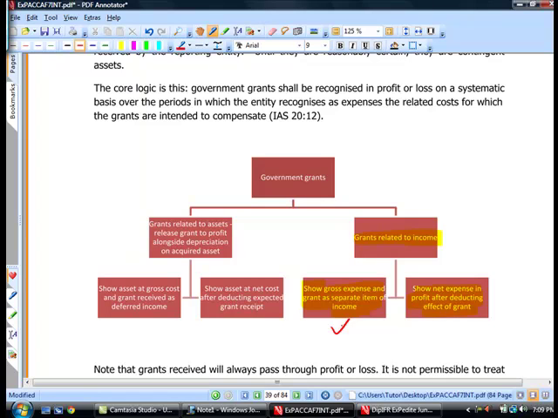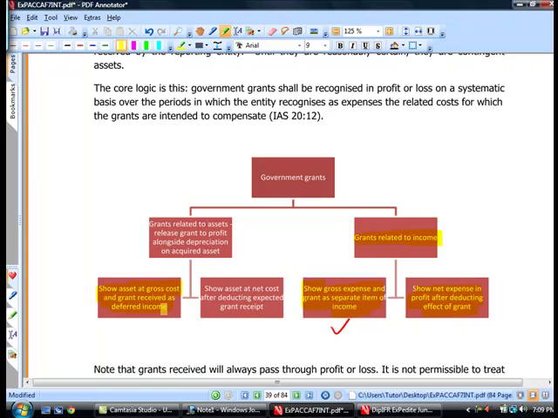And it is actually normal to show the grant alongside the depreciation to match it with the cost. So basically I will have the asset at cost and the grant received as a deferred income, and on a yearly basis, based on the depreciation charge, I will release part of the grant received from the government.